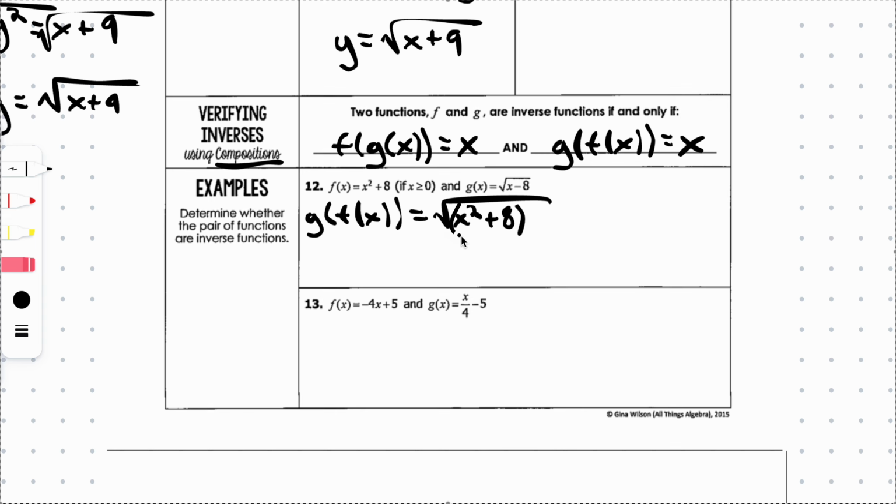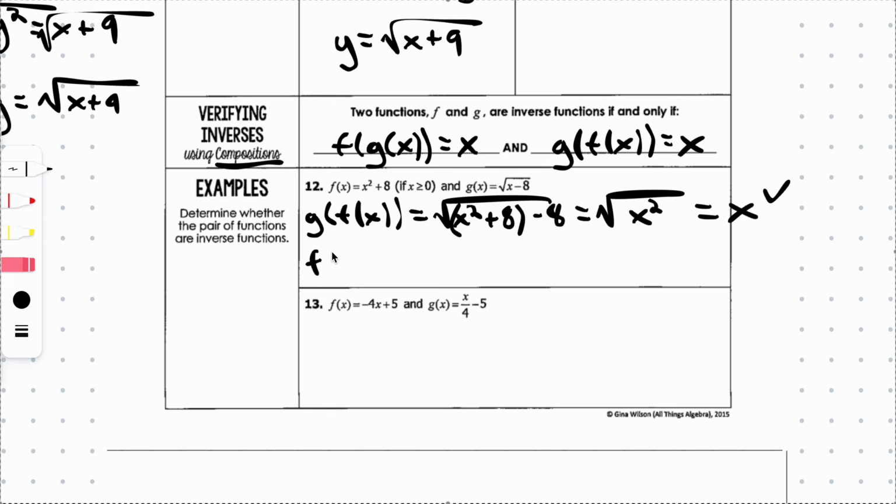This is what we're subbing in for x in our g of x function. And then we still have that minus 8. So this is equal to the square root of x squared plus 8 minus 8, which is just the square root of x squared, which comes out to be x. So that's good, that checks out.